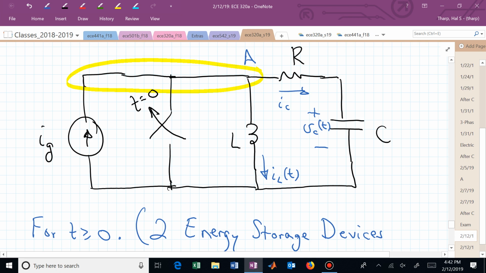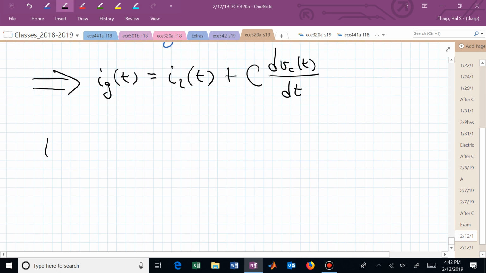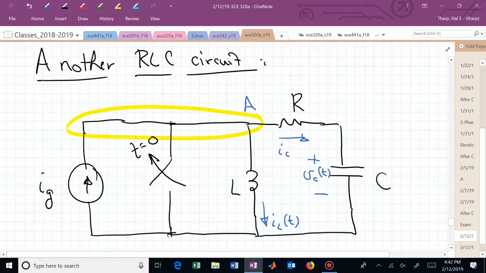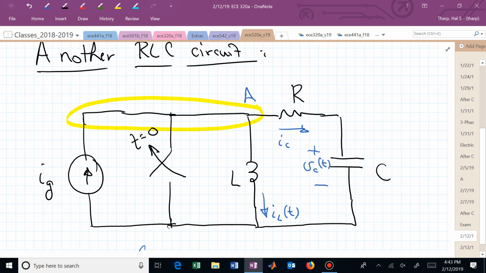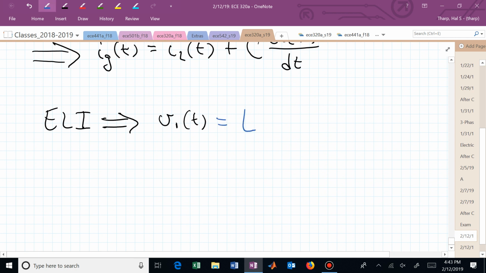Eli then allows us to say that V sub 1, or there's minus and plus, V sub 1 is now equal to L di sub L dt.